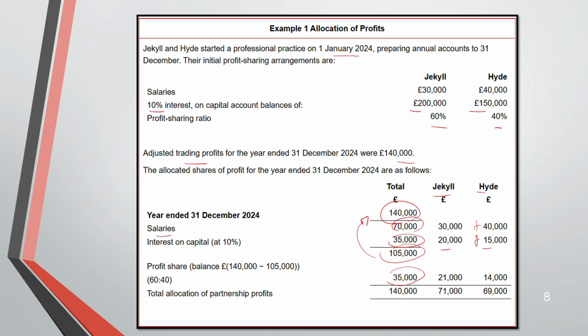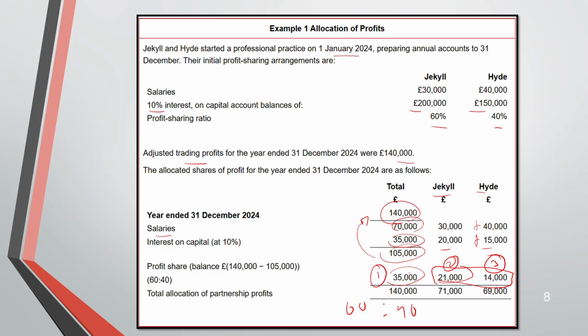This 35,000, this is number 1. You should always find this first. Once you find this, these two are the balance, so this is 2, this is 3. Once you find 35, just divide 35 in the 60-40 ratio. Just find 60% of 35 and 40% of 35 and allocate among the two: 21 and 14.